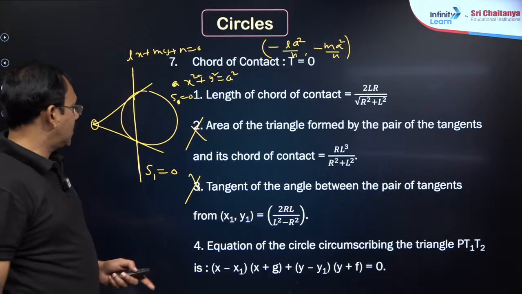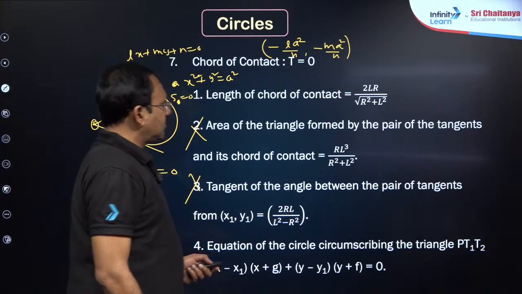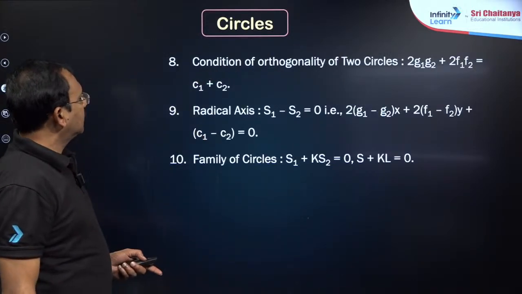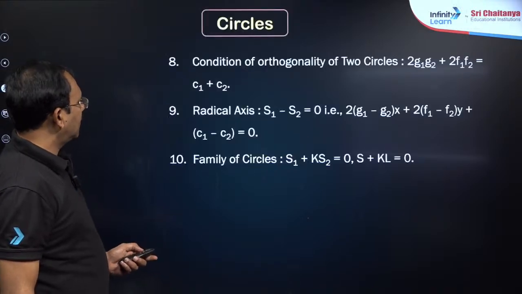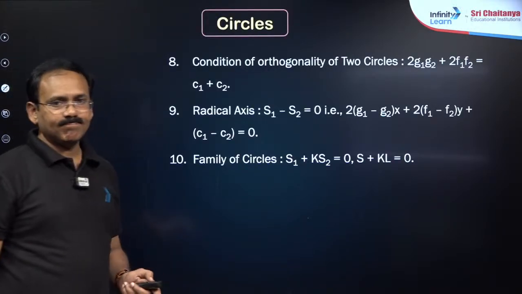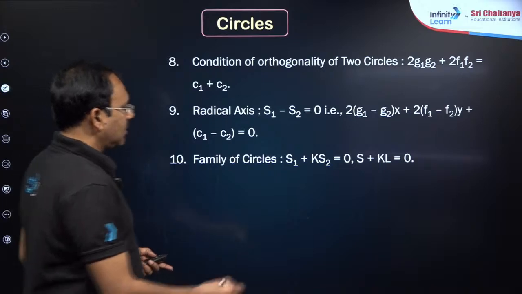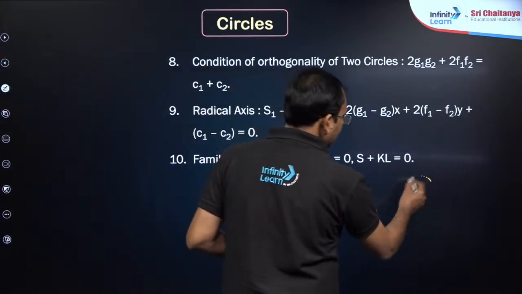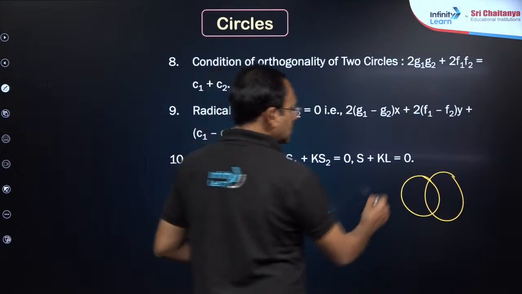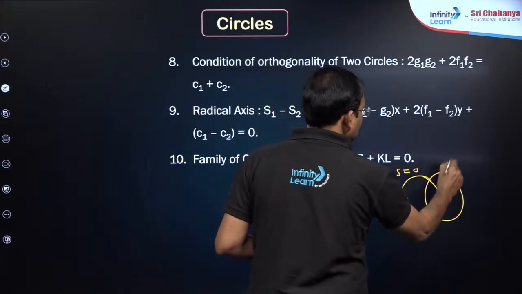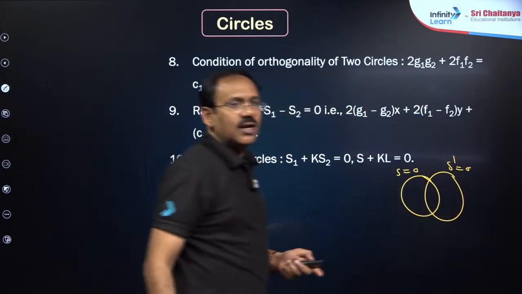Another point, dear students, most of the times, radical axis, many formulas are not kept. If two circles are given, my dear friends, two circles that intersect each other, S is equal to 0, S dash is equal to 0.